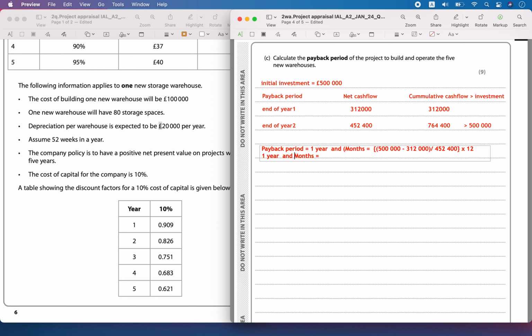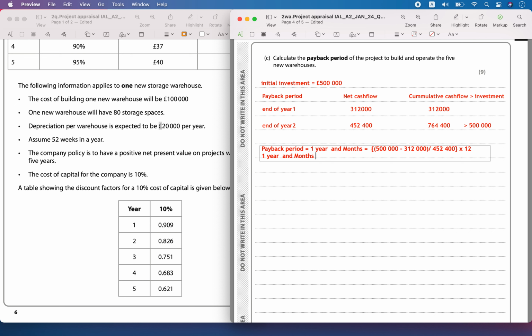So 1 year, and the months is going to be equal to 500,000 minus 312,000, which is 188,000, divided by 452,400. That is 0.4155 times 12, which is equal to 4.99 months.